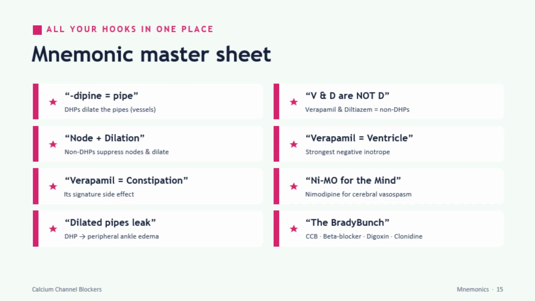Verapamil ventricle constipation. Nimodipine for the mind, the Brady Bunch. This is the slide to screenshot, to print, to stick on your wall the night before the exam. Pause right here and read through each one out loud. Trust me, saying them out loud makes them stick so much better than just reading silently.